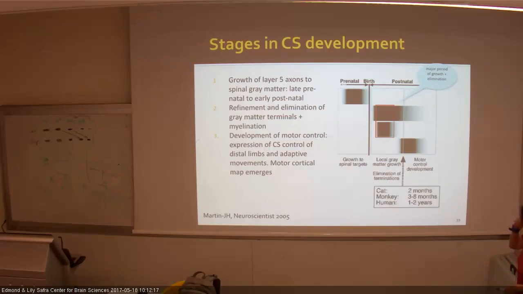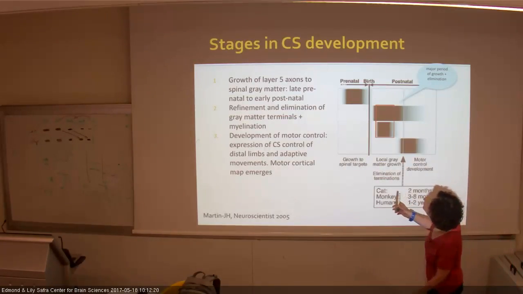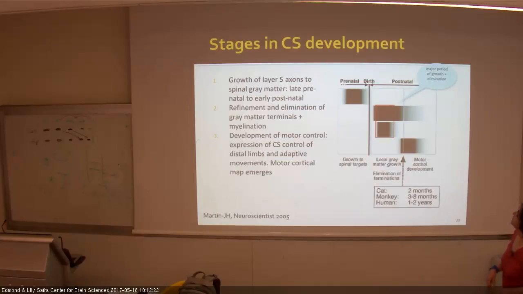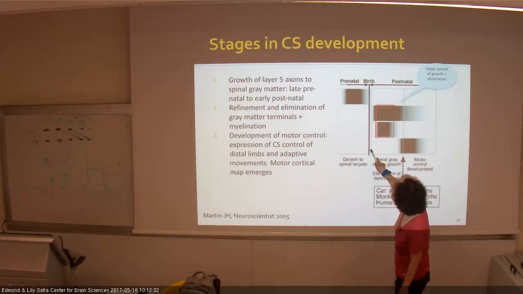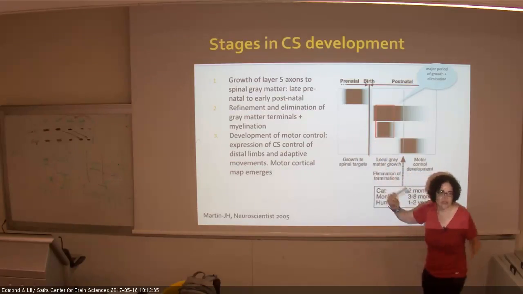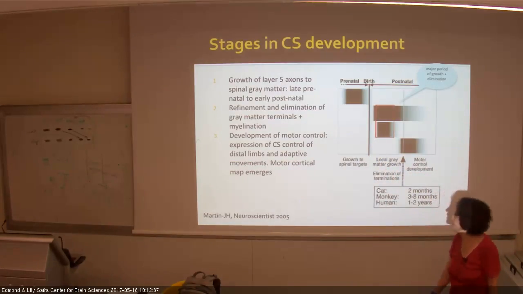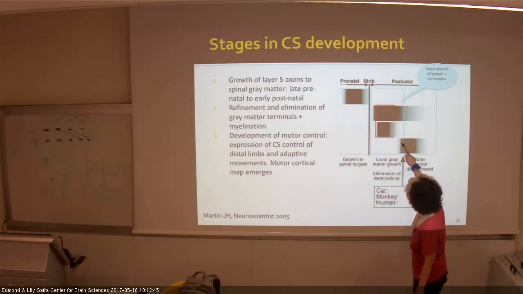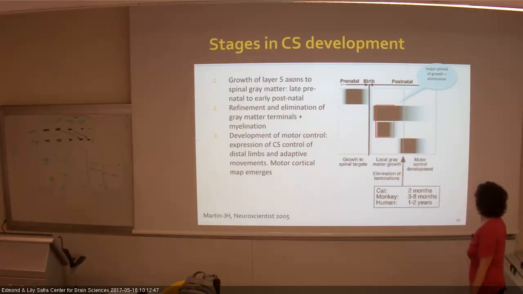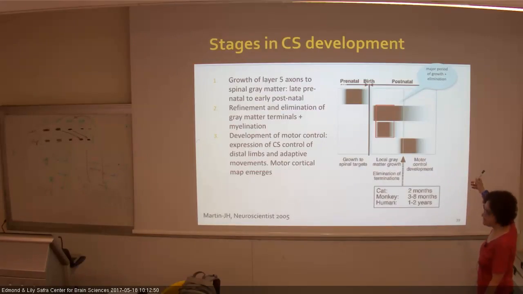But, okay, so if we look, the growth of layer 5 axons to the spinal gray matter actually happens before birth and in early postnatal stages. That's the actual growth of the pathways. However, the refinement and the elimination take place postnatally in some critical period that can change depending on the animal.